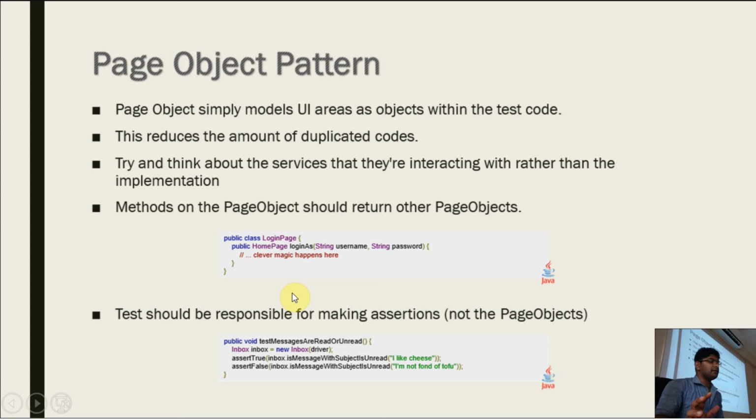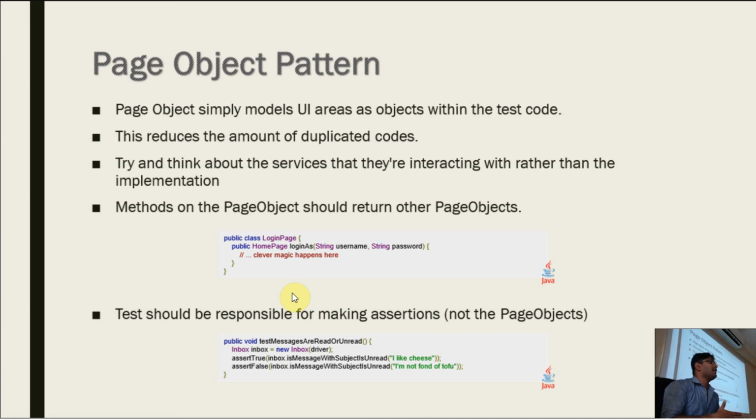Also, as I mentioned, a page object isn't supposed to do any assertions. We are just asking the page objects to do actions, not assertions. After the page object does an action, depending on that action we can do the assertion.